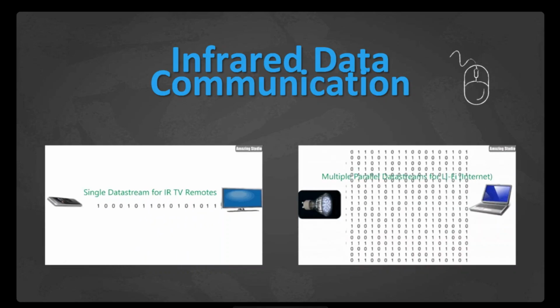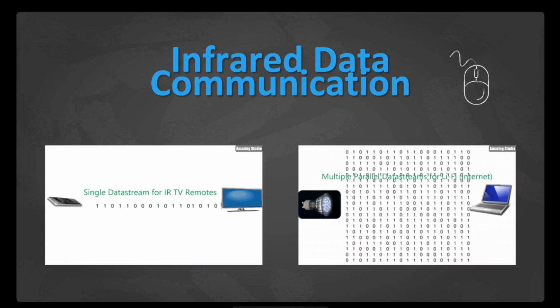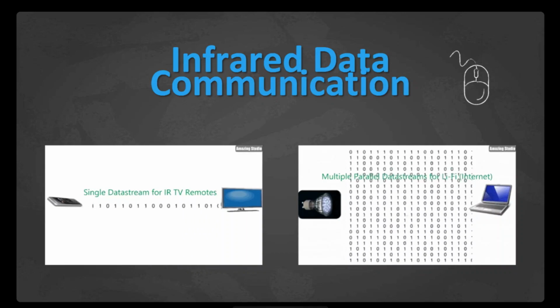So this TV remote, when you push a button, it sends a data stream out. The TV will pick up that data stream, and based off of what that data stream is, the TV will recognize what that code is and then perform an action.